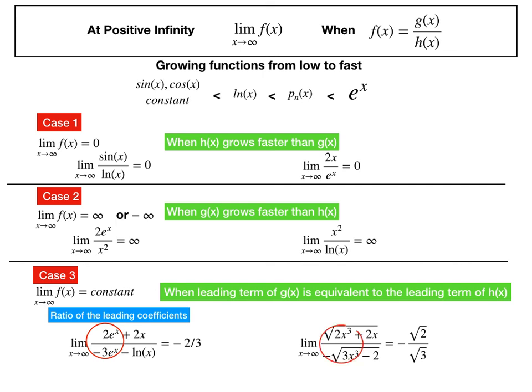So if you look at just their leading terms, you can cancel the terms and the limit equals the ratio of the leading coefficients, which is square root of 2 divided by negative square root of 3. So these are the general ideas on how to find limits at positive infinity of a function f of x in this case.